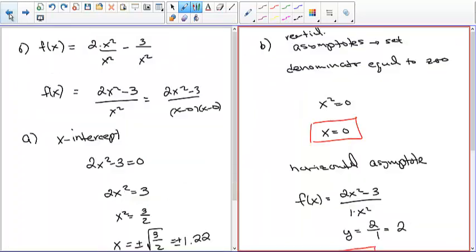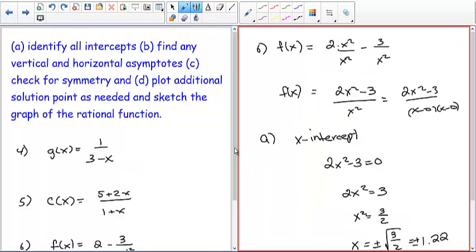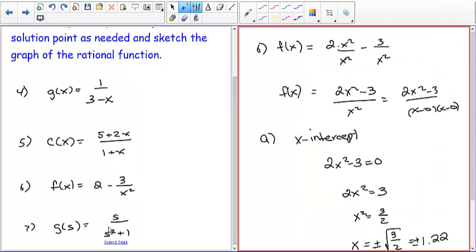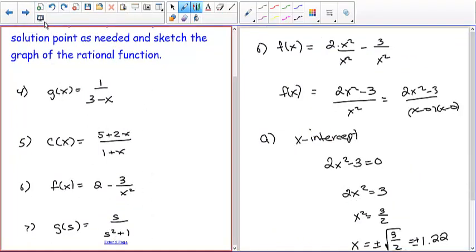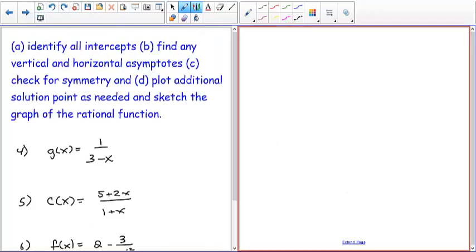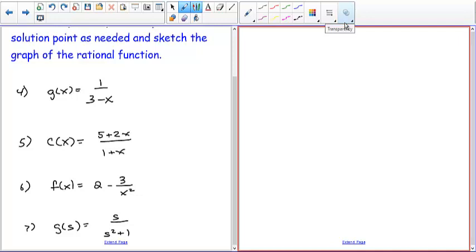Okay. Next one. s over s squared plus 1. So we're going to find the intercepts. So the intercepts, the x-intercept, set the numerator equal to 0, and find the values of x where that's true, or s in this case.